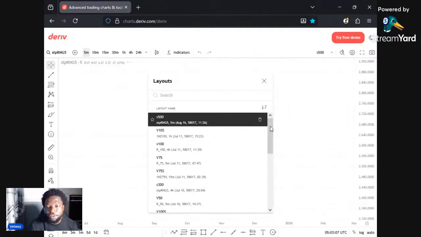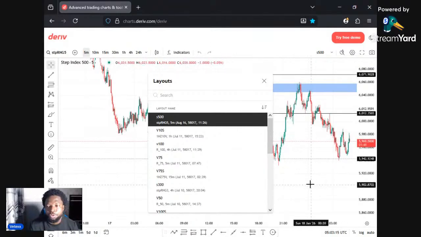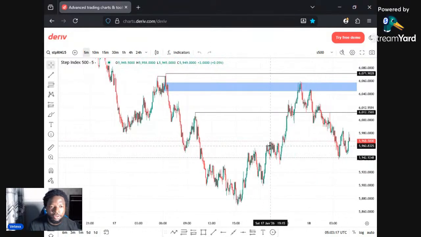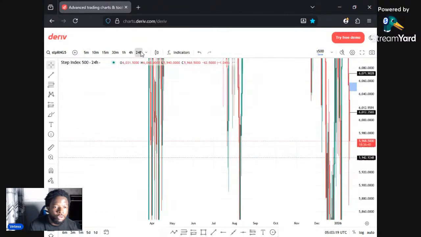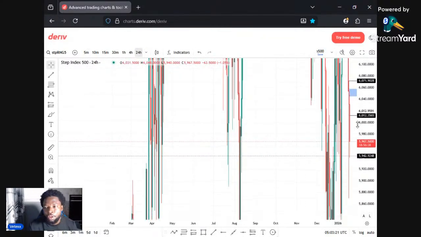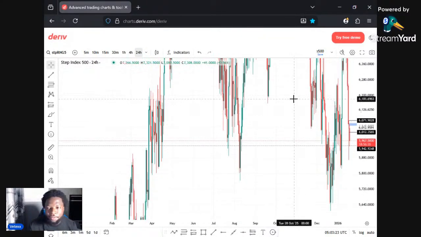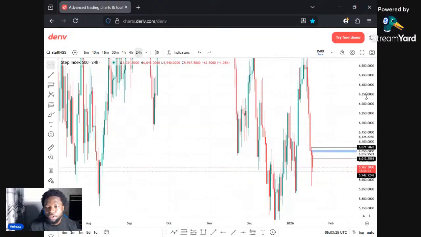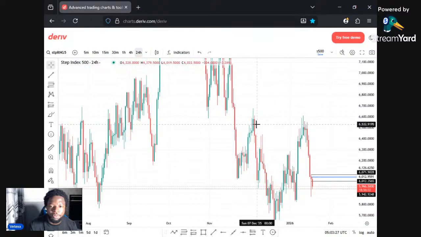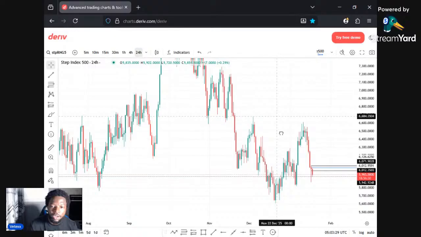We have Step 500 Index, and like I said yesterday, when doing your analysis, you always start from the higher time frame to the lower time frame. First of all, we'll go to our 24-hour time frame, because on TradingView there is no weekly time frame analysis from there. So what we do is check our MT5.